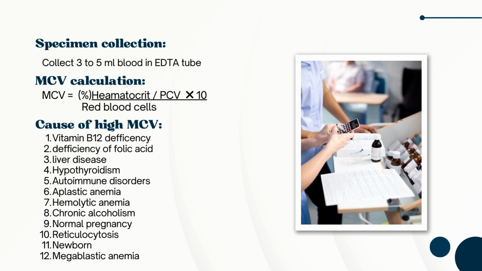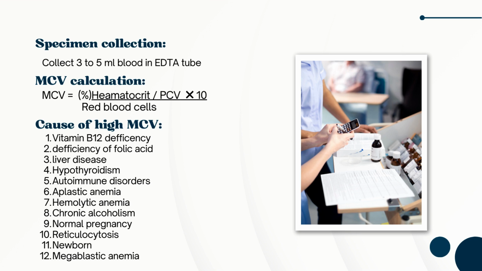Specimen collection. Collect 3 to 5 milliliters blood in EDTA tube. MCV calculation. MCV equals % hematocrit PCV multiply 10, divided by red blood cells.